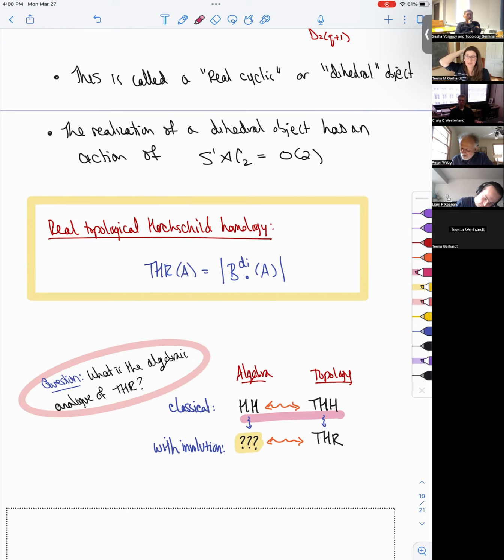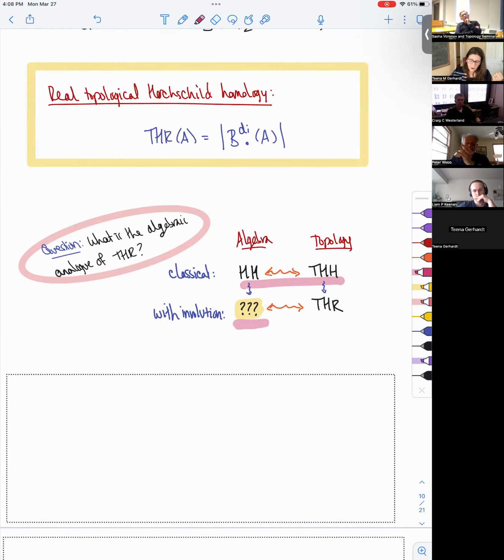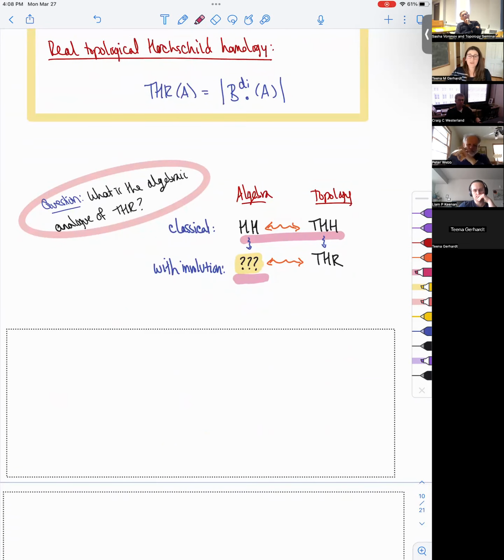That's how we do calculations with the Hochschild spectral sequence. We can do calculations using the linearization map. And so we really want to know, algebraically, what goes here? What is my algebraic analog of THR?